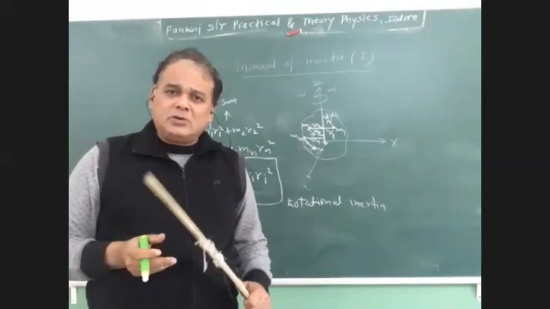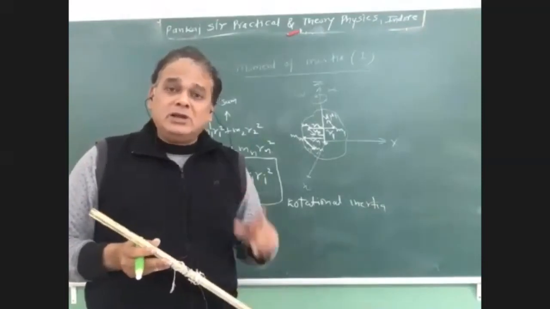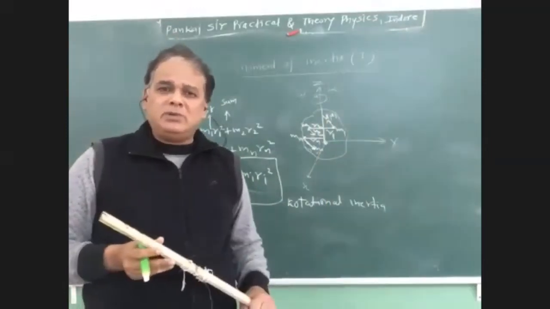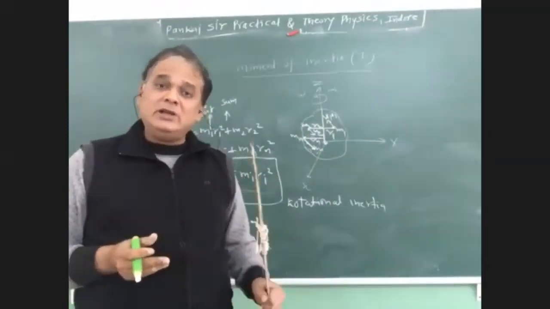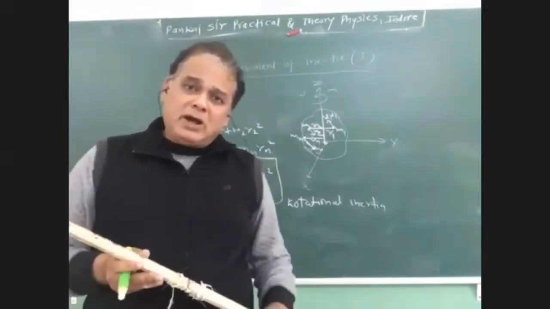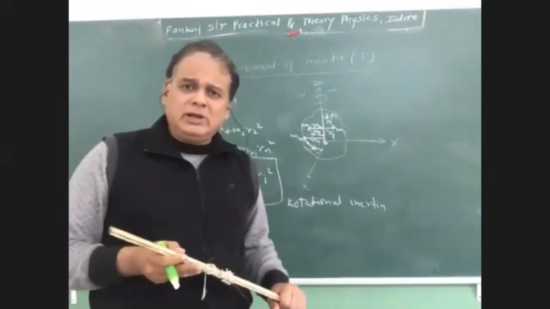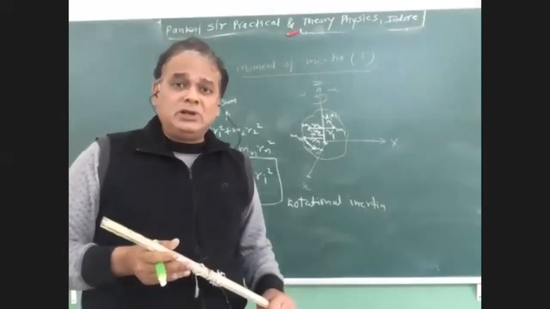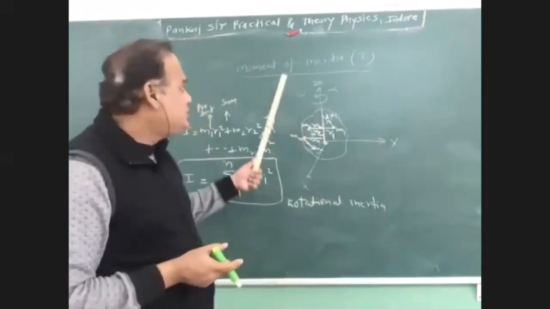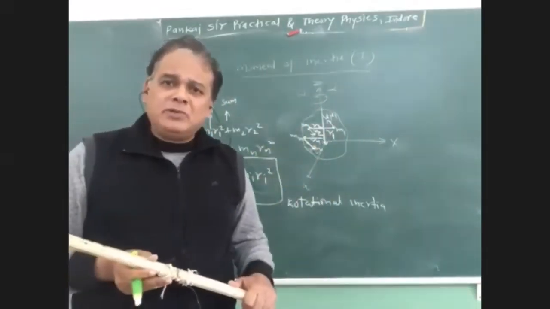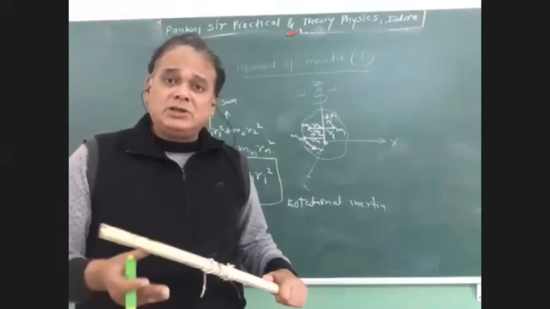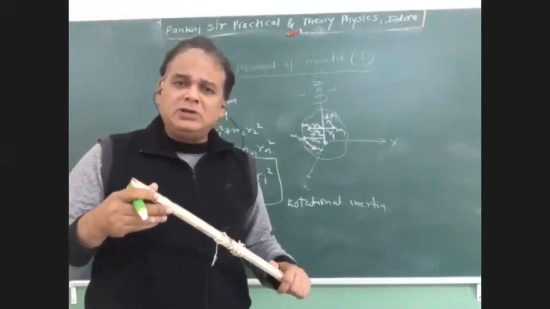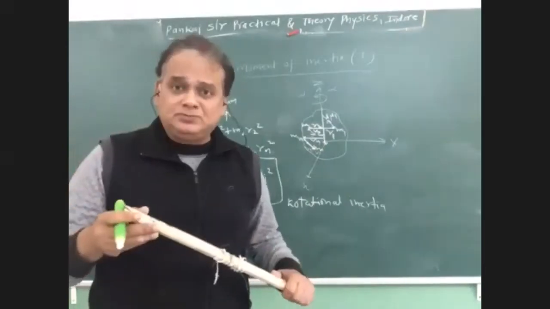Whatever the role of mass in linear motion, the same role moment of inertia plays in rotational motion. In linear motion, if mass is more, inertia is also more. So here also, if moment of inertia is more, then rotational inertia is more, and the body can rotate for a longer duration, and the motion is jerkless.